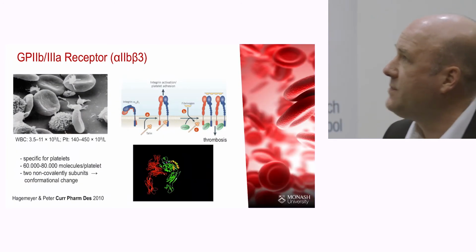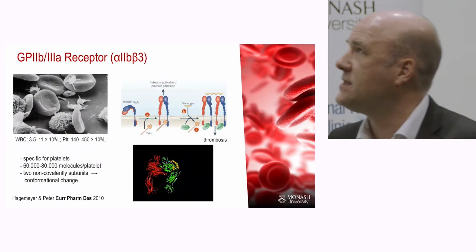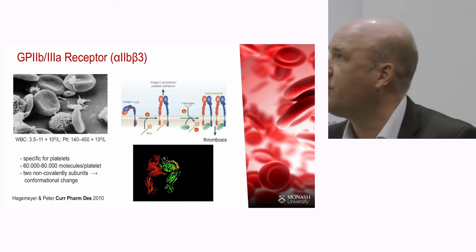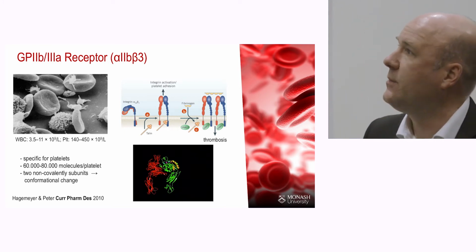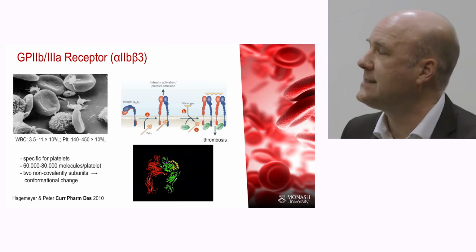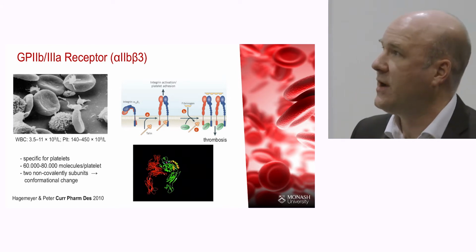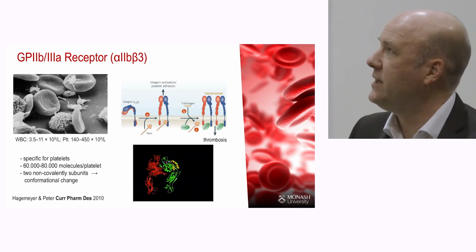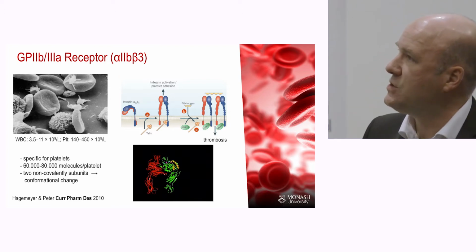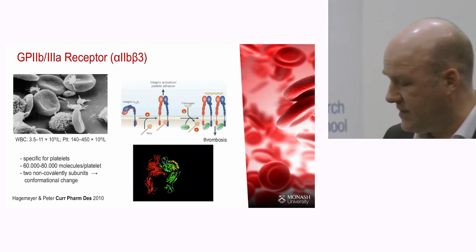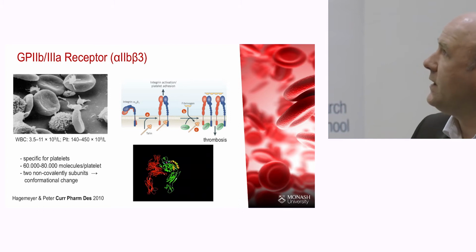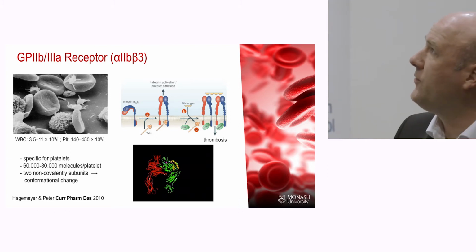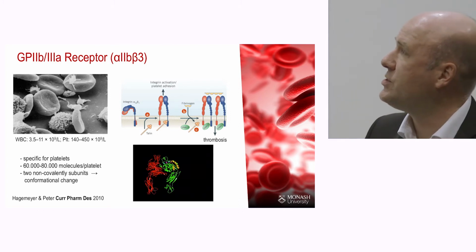So we're looking at a receptor on platelets which is highly abundant. This is the integrin GP2B3A, which is the fibrinogen receptor. It's specific for platelets. It's highly abundant, as I mentioned, which is great for imaging. And it also undergoes a very dramatic shape change when the platelet is activated. So it goes from this bent form shown here to this open form when it then attaches to fibrinogen.